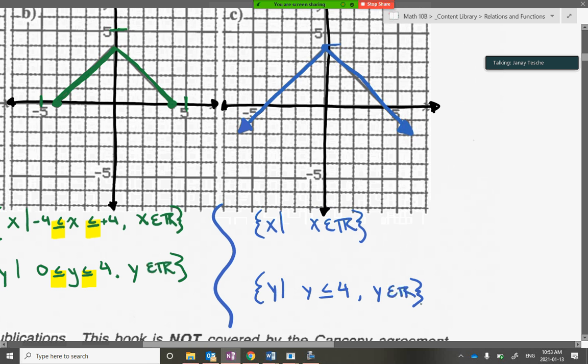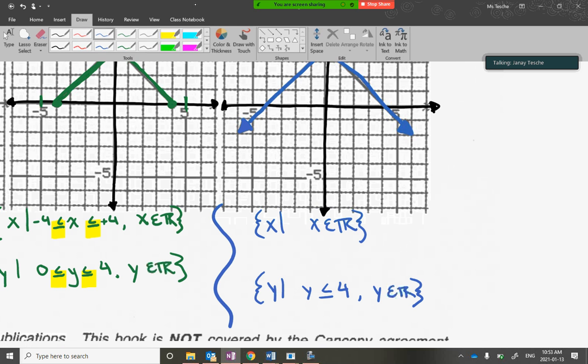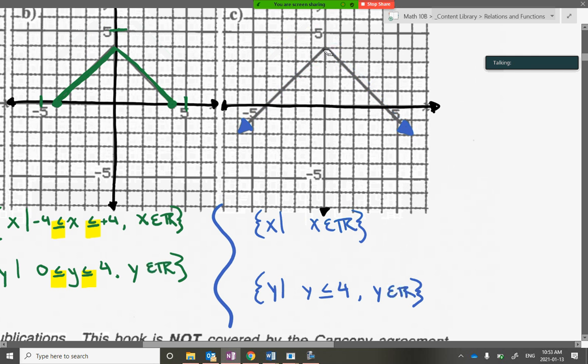Because that's a closed circle at the very top, that's why we have that equal sign underneath. Say this was an open circle right here, then we would just say less than 4. But it includes that specific point with it being closed in.